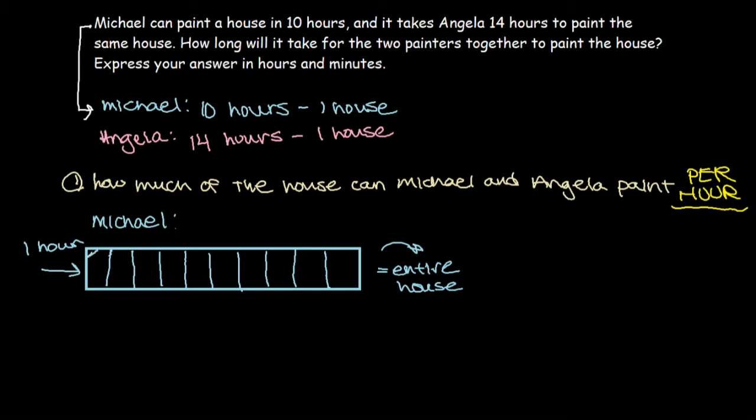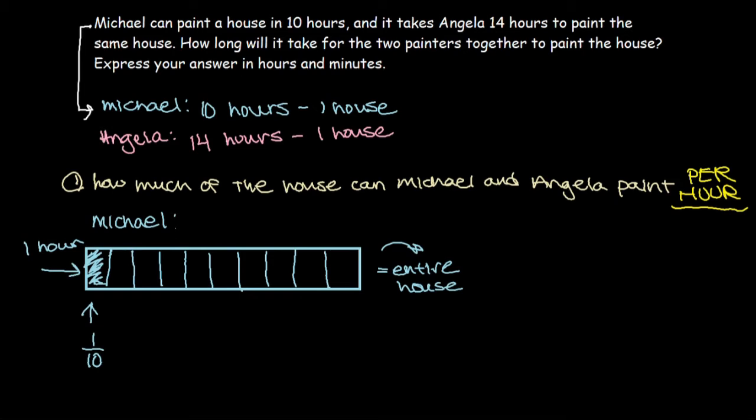So let's just take this one block here. What does this also represent? This also represents 1 hour, but it also shows that this is 1/10 of the entire work. Because there are 10 blocks, one of the blocks is obviously going to be 1/10 of the entire thing.